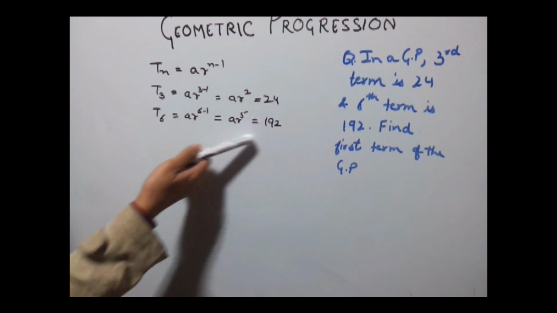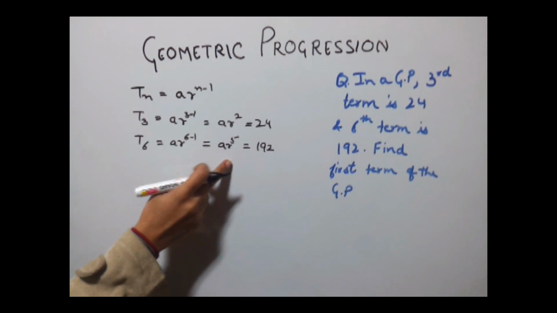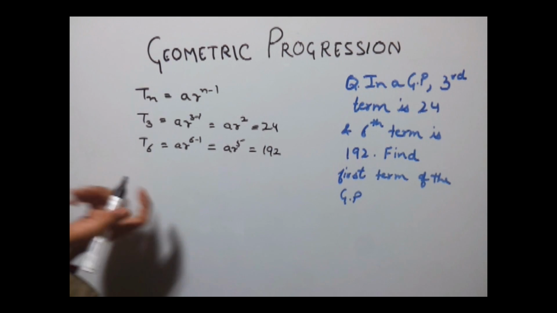We need to find the first term, that is, we need to find a. This can be done by dividing the sixth term by the third term.